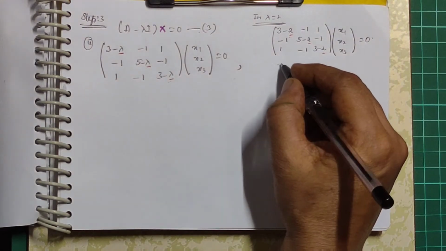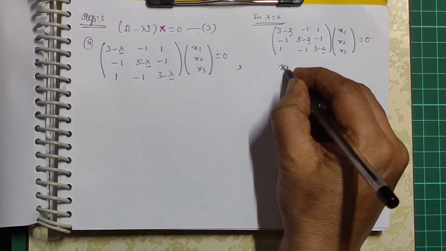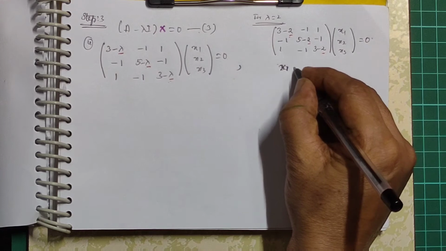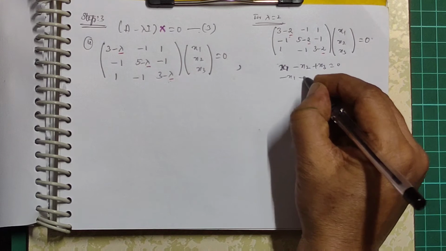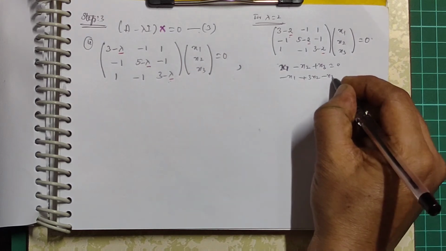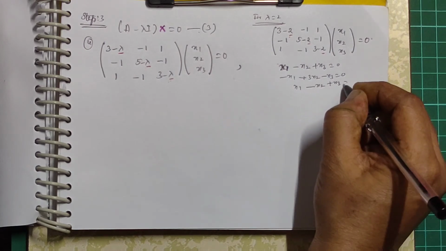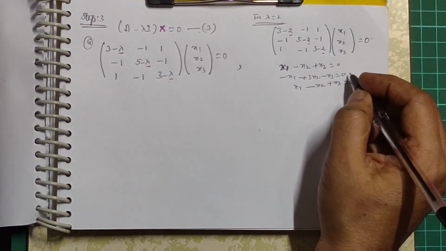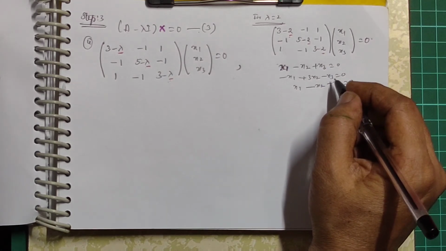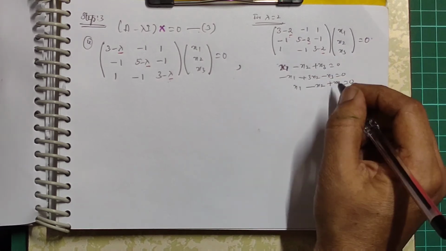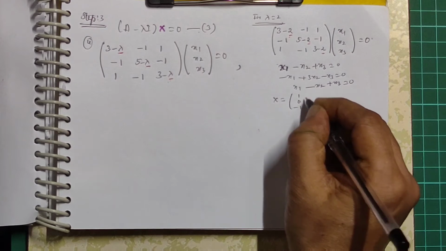From this we get equations: 3 minus 2 is 1, so x1 minus x2 plus x3 equal to 0, minus x1 plus 3x2 minus x3 equal to 0, x1 minus x2 plus x3 equal to 0. On solving these homogeneous equations by the rule of cross multiplication, we get the value of x as 1, 0, minus 1.